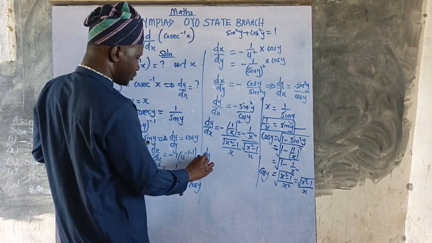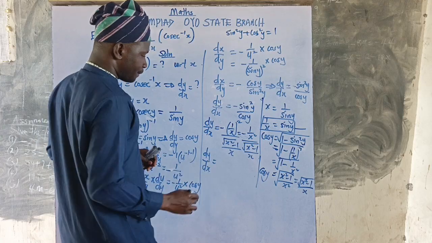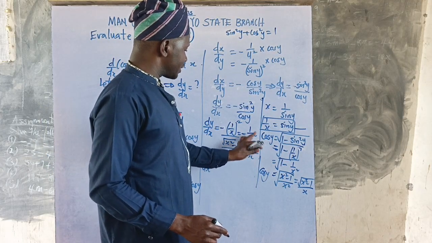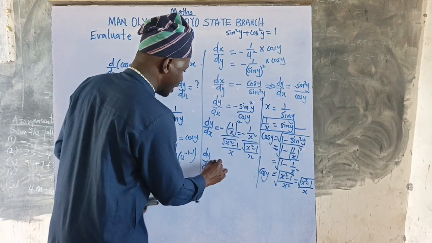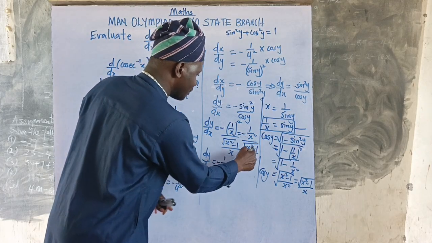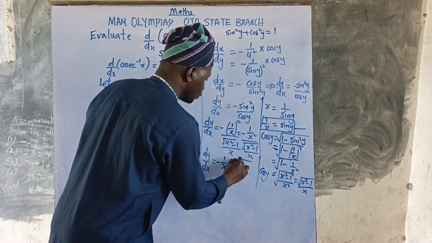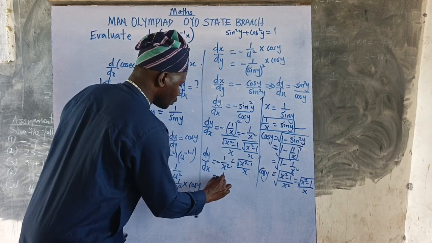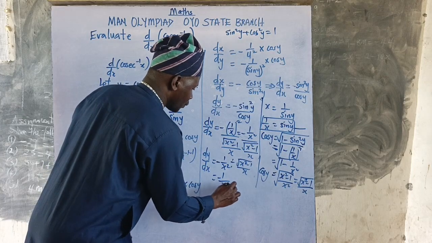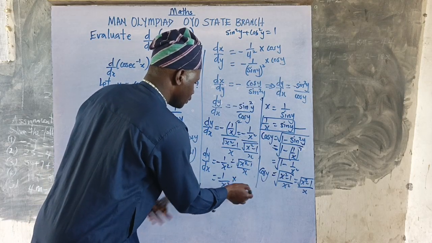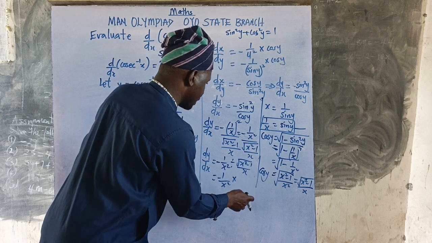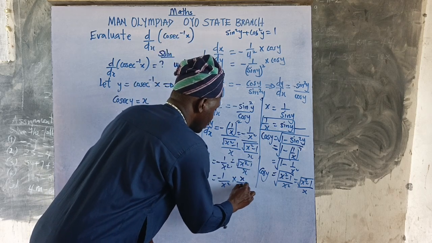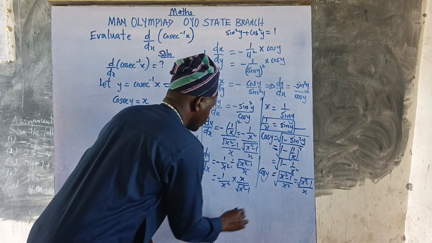So when you apply the knowledge to simplify this, when you have division, you change it to multiplication and invert. Then we have minus 1 over x square, divided by the square root of x square minus 1 divided by x. This equals minus 1 over x square, times, we invert this one, x divided by the square root of x square minus 1.